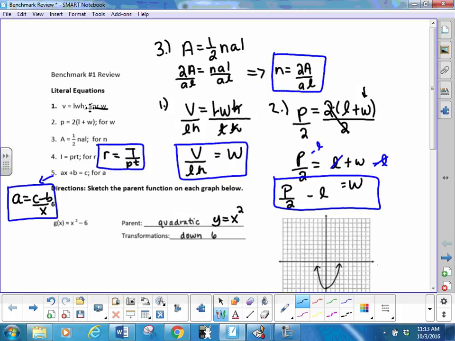All it asked you to do was sketch the parent function. The parent looks just like this, except instead of being down 6, the vertex is on the origin. And that's plenty good for a sketch.